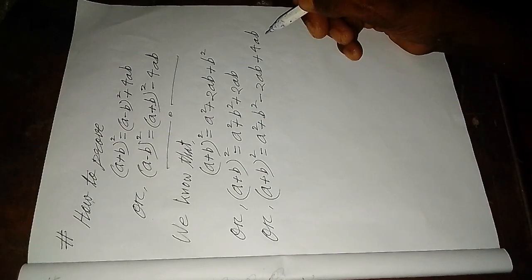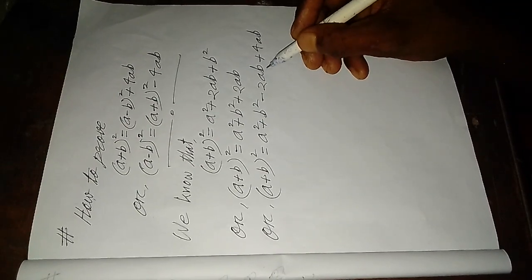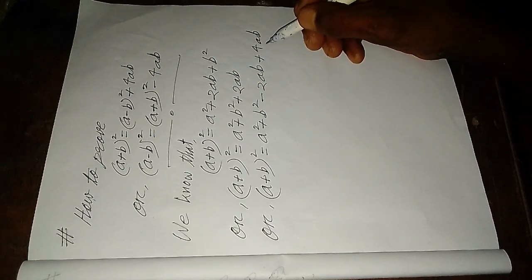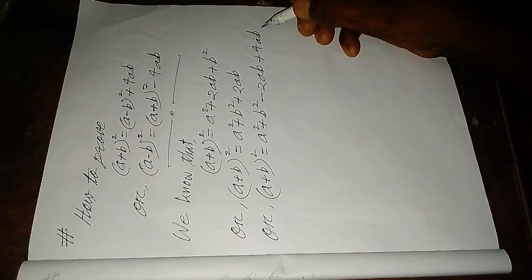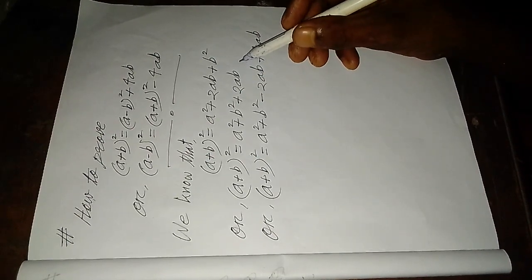We can do 2ab minus from 4ab, then we get result plus 2ab. I hope you all understand.